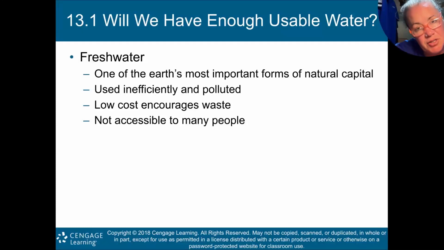So the big question when we're looking at fresh water is, will we have enough usable water for all of our human societal needs? Fresh water is one of the most important forms of natural capital. I talked about natural capital, the riches that we have that just come from nature themselves.